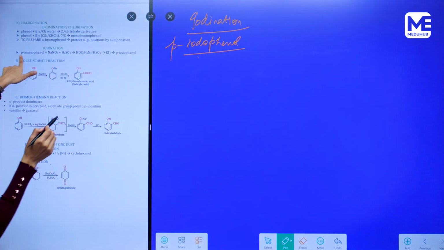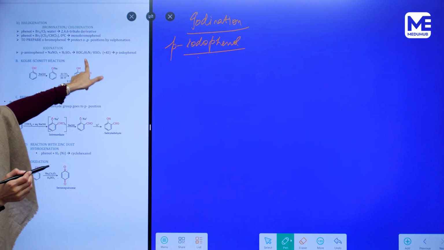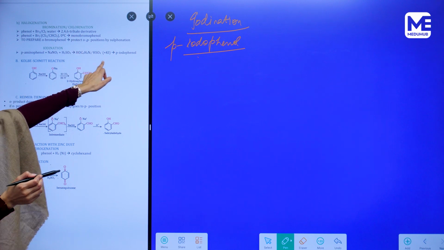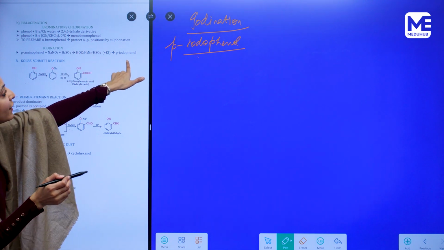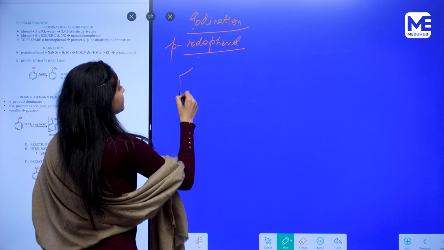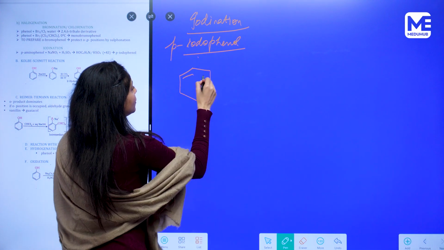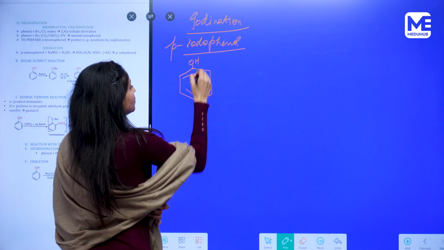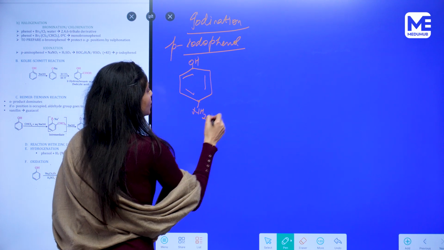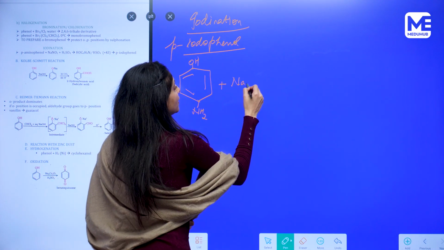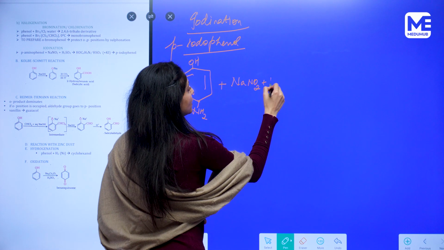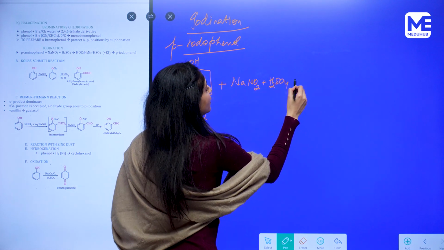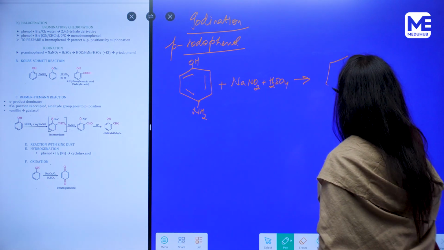So we start with para-aminophenol, we prepare a diazonium salt which on treatment with KI gives us para-iodophenol. So this is para-aminophenol, NH2, treated with NaNO2, H2SO4 gives us the diazonium salt.